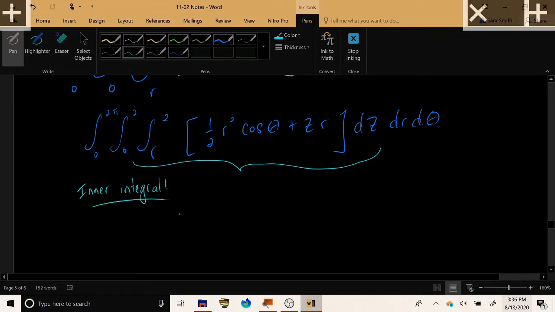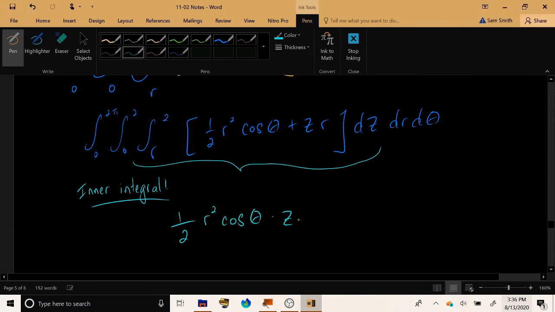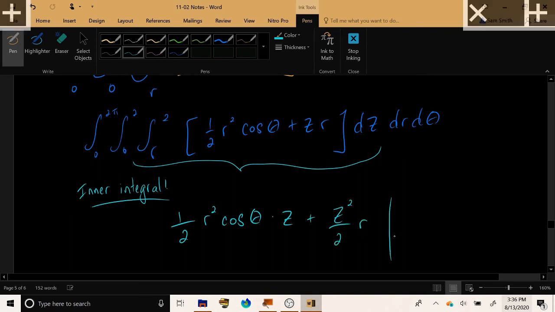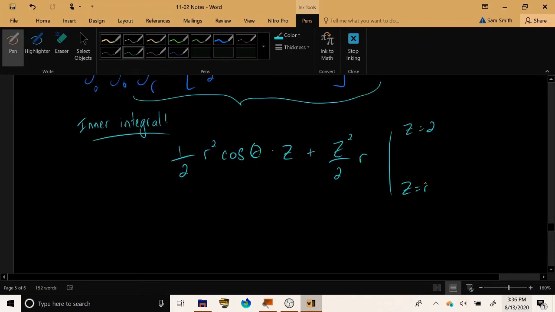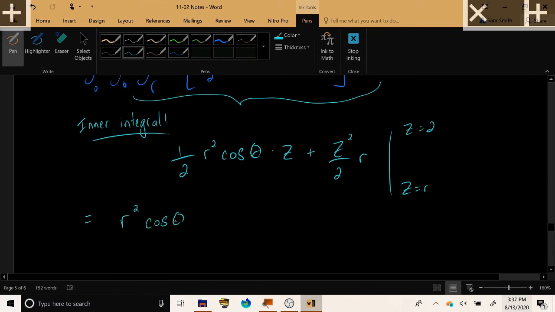And we have 1/2 r squared cosine theta times z, treating both r and theta as constants. And then applying the power rule, we have z squared over 2r, evaluated as z goes from r on the bottom to 2 on the top. So plugging in z equals 2, we now have 2 times 1/2 r squared cosine theta.